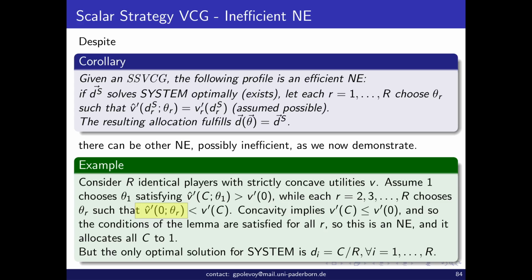Moreover, in this game there is no weakly dominant strategy. Because when the others get nothing, it's best for player R to take this theta 1. But when the others do something else, it's best to do something else, which eventually results in this optimal allocation.